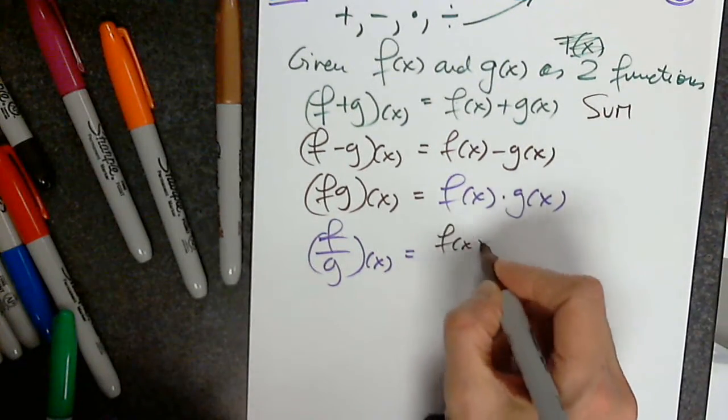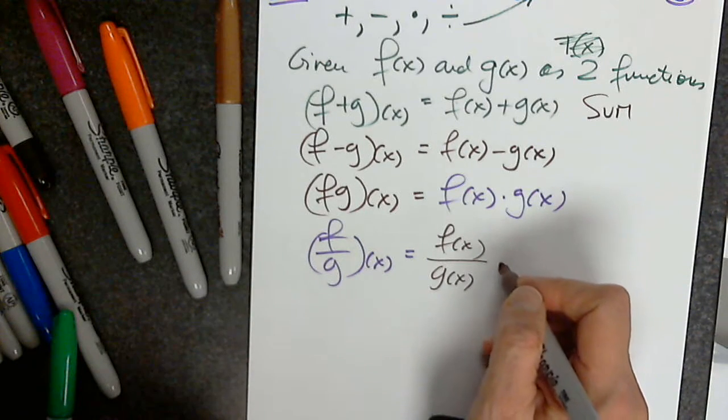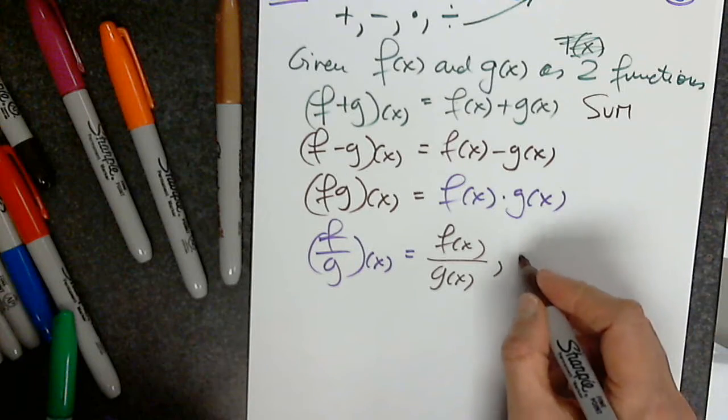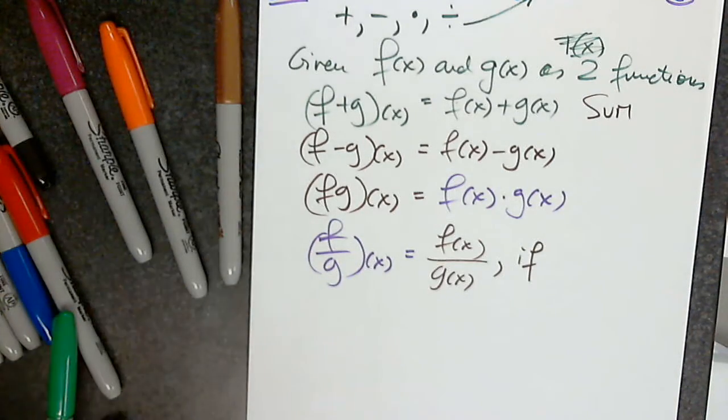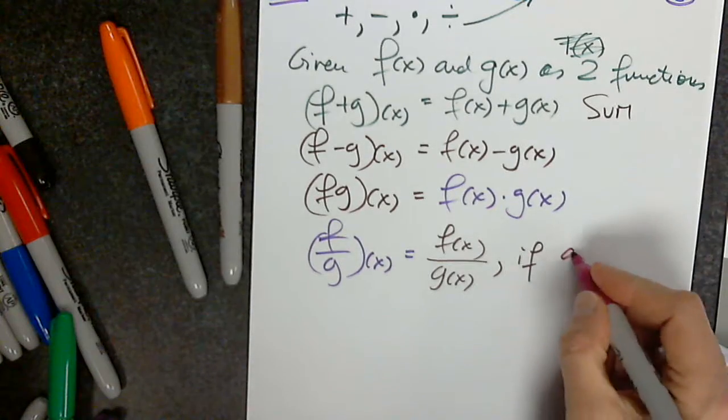You will say f of x over g of x, but we studied this now in chapter 7, comma, if. I didn't need a comma and if for the other three, but here I have no choice. There is an if. Why is there an if here and I didn't have it before? Right.